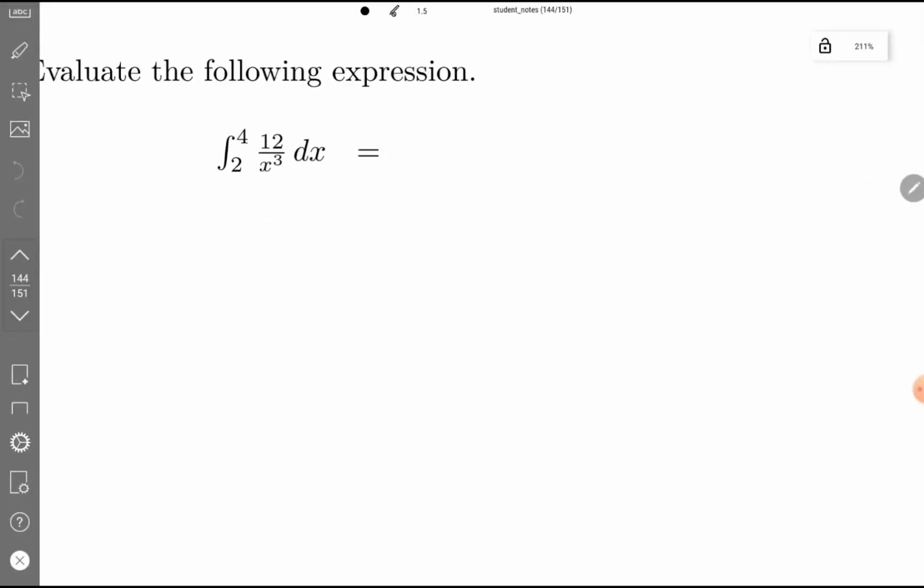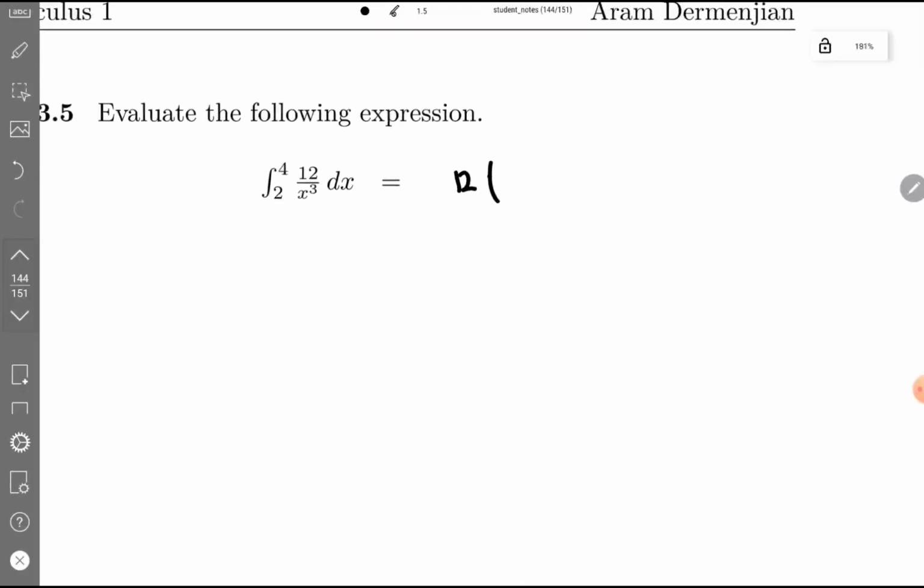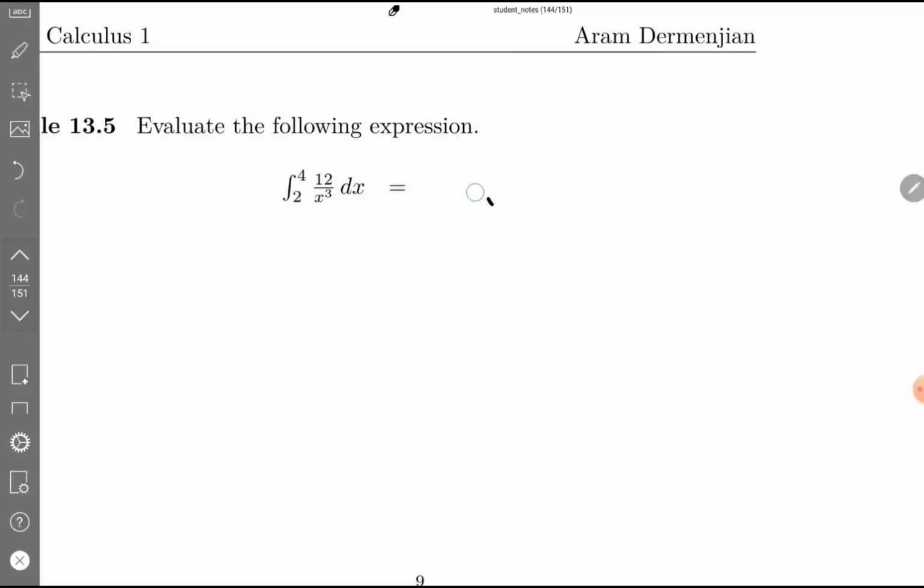So what do we have here? What's the antiderivative of 1 over x cubed? Let me do this slightly differently. I'm going to make this a little bigger. So we're going to do 12 times, and then here, 1 over x cubed, right?